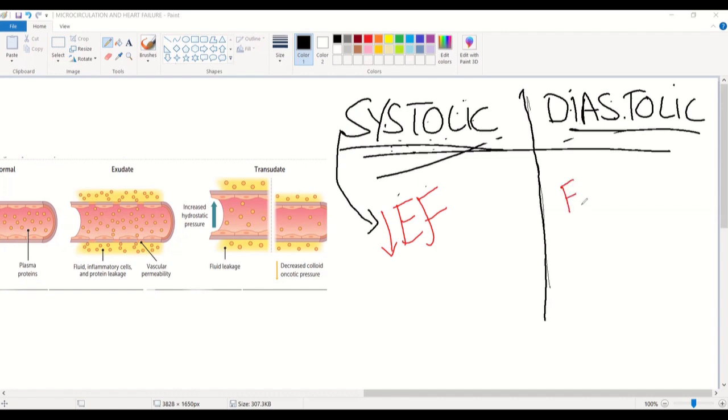Ejection fraction is normal. Okay. What about the contractility in diastolic heart failure? Increased or maintained. Maintained, yeah. What about in systolic? Contractility is decreased.